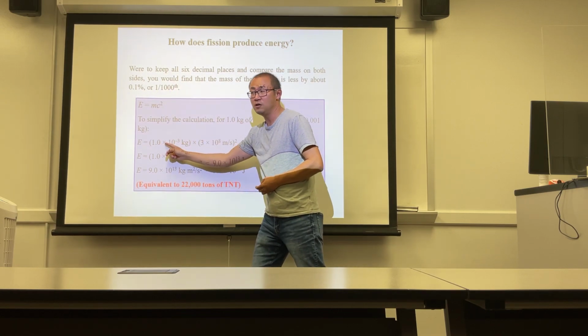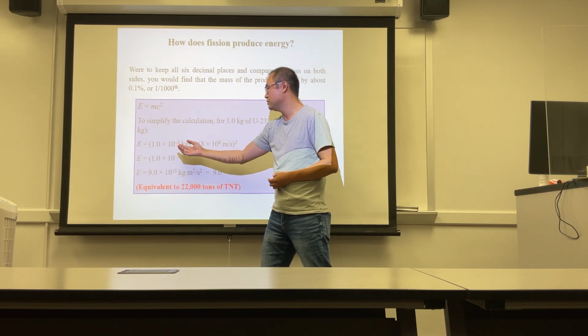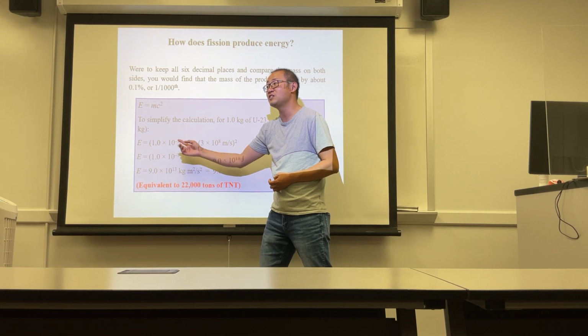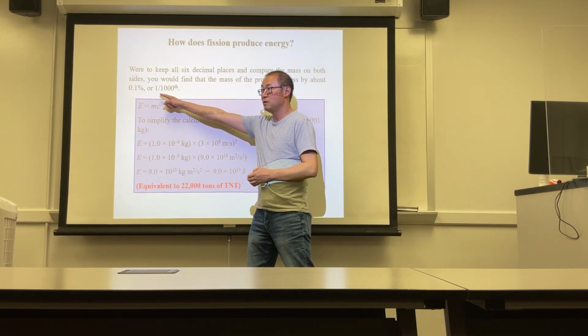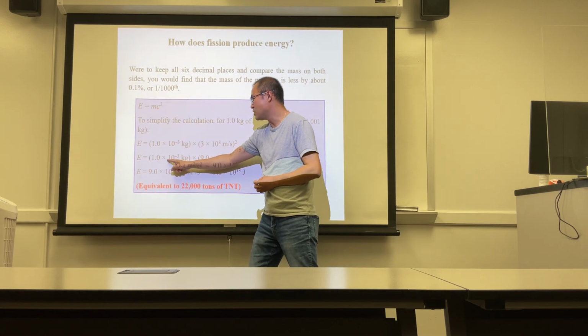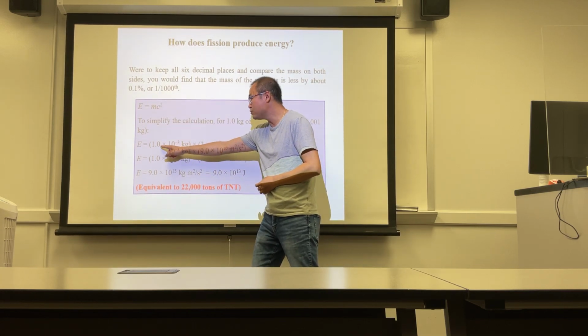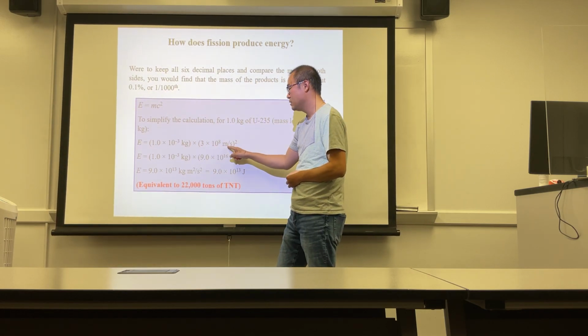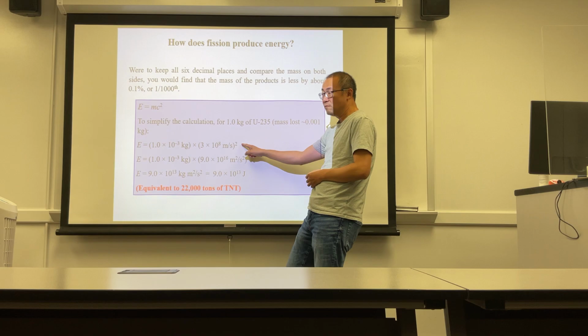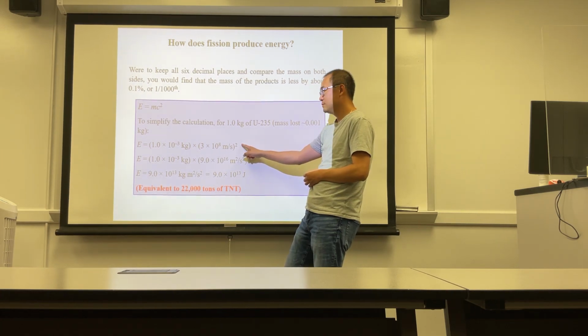How much is lost? 1 times 10 to the minus 3 is lost. Right? This is how much I lost. Because I start with 1, I lose what? 0.1%. So this is how much is lost. And then I use the mass change times, again, what? C squared. Okay, what is C squared?